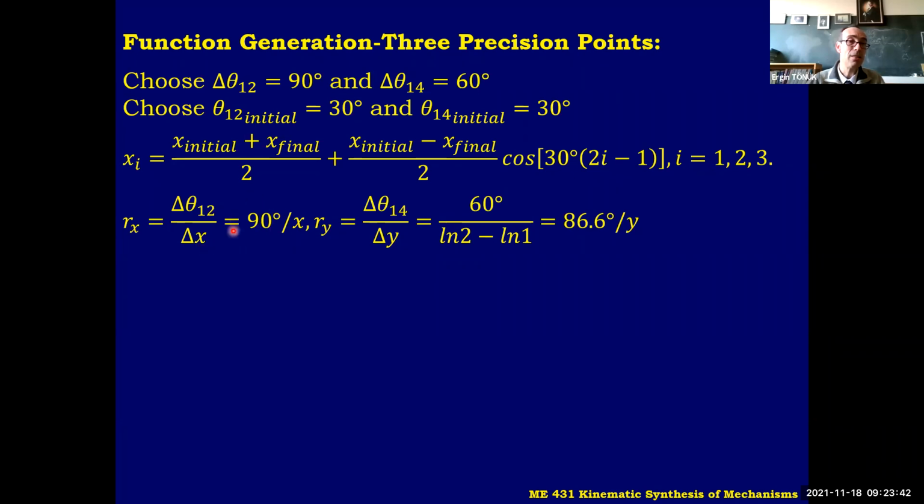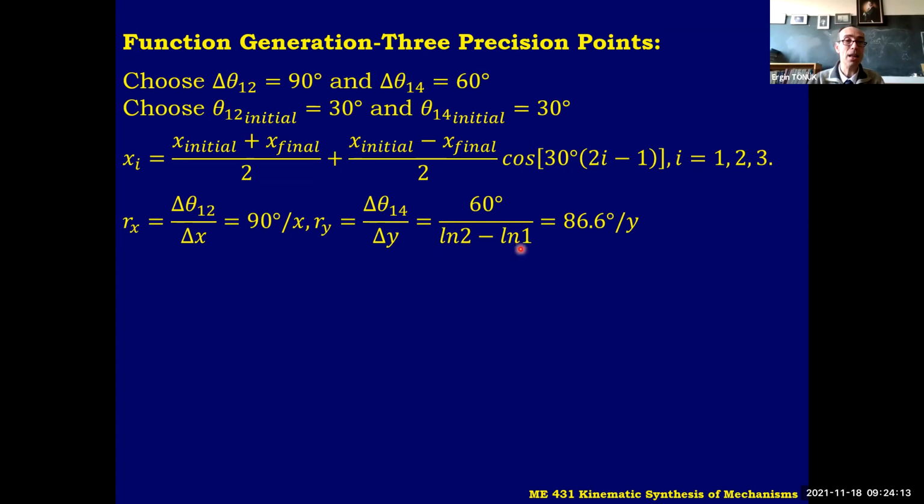So it is 90 degrees per value of X, okay? So 90-degree rotation of the crank corresponds to unit X. Similarly, for theta 1,4, we have chosen it should rotate 60 degrees, and how much Y is going to change? It's ln 2 minus ln 1.